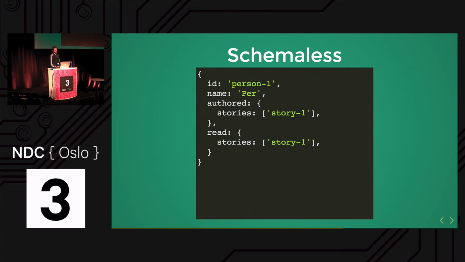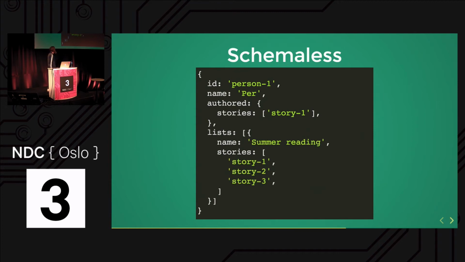But we might at some point want to add another field that they have liked a set of stories, or at some point, you might want to say that every person is supposed to be able to make their own list of stories, and then they can refer to a set of stories there as well. So this schema might change at any point in time, which would make having schemas at all very hard.